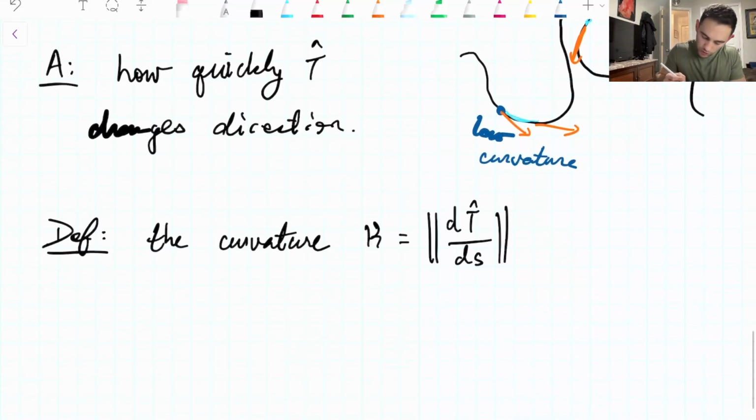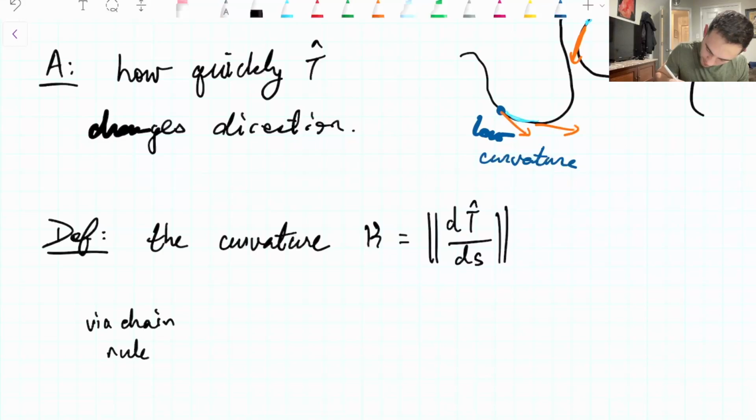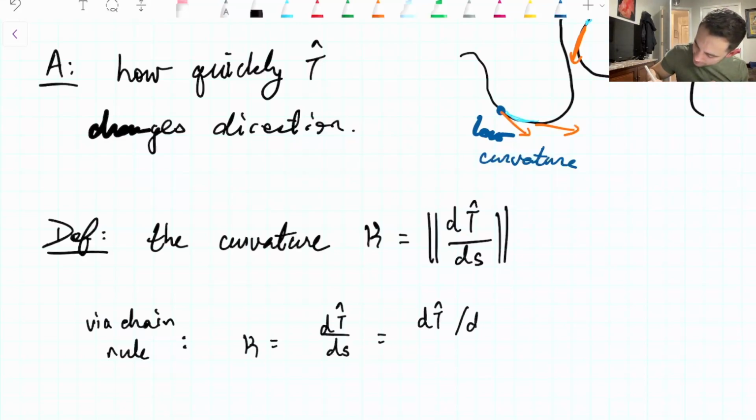So via chain rule, I'll write a better definition of curvature for computational purposes, which is to say that kappa, which is |dT hat/ds|, is equal to |dT hat/dt over ds/dt|.